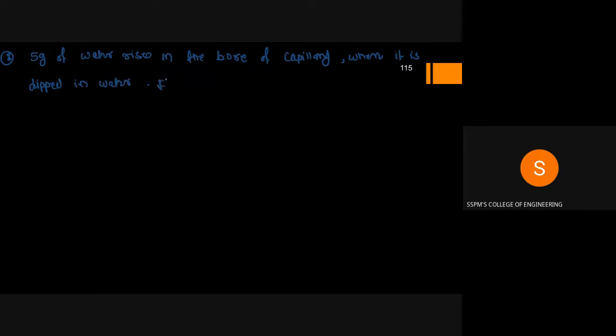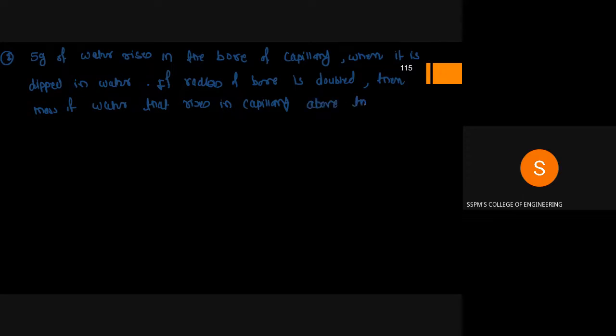If the radius of the bore is doubled, then the mass of the water that rises in the capillary above the outside water level is: option A 1.5 g, B 5 g, C 10 g, and D 15 g.